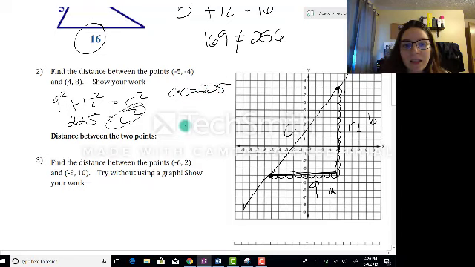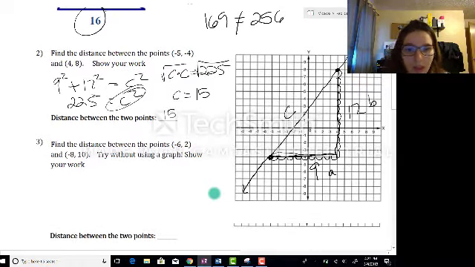That means one number multiplied by itself gives you 225. That's why we want to take the square root, because we're undoing the squared. So C equals, now 225 is a perfect square, so we end up with a whole number, or a rational number. The distance between (-5, -4) and (4, 8) is 15. Okay?